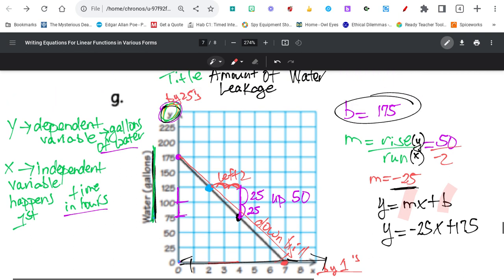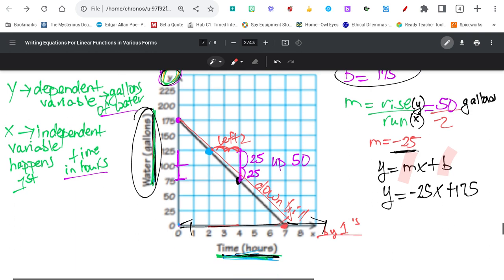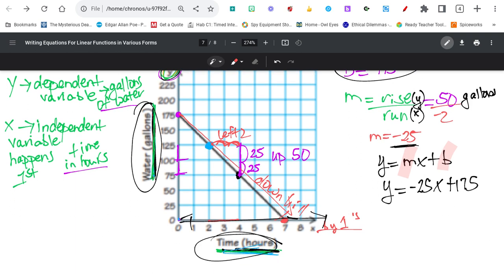All right, so what was on the y-axis? Well, on the y-axis was gallons of water. And then down here, what's on the x-axis? On the x-axis is hours, so you want to put your units.